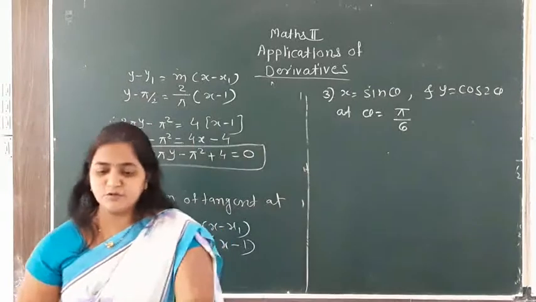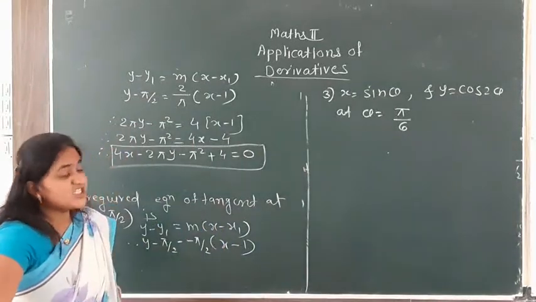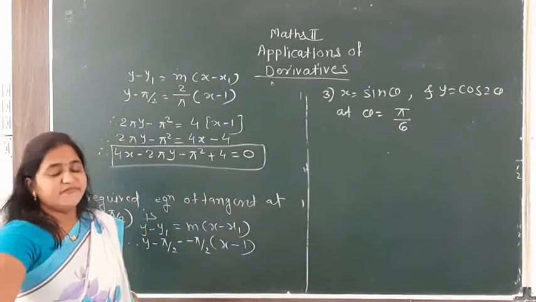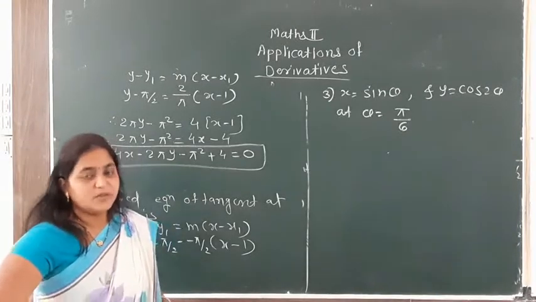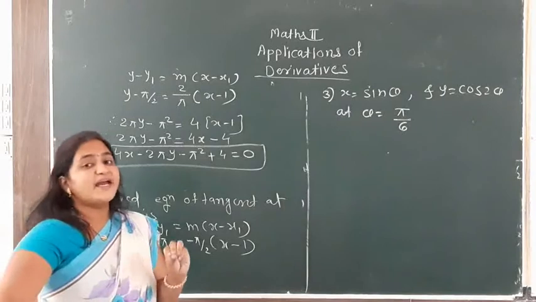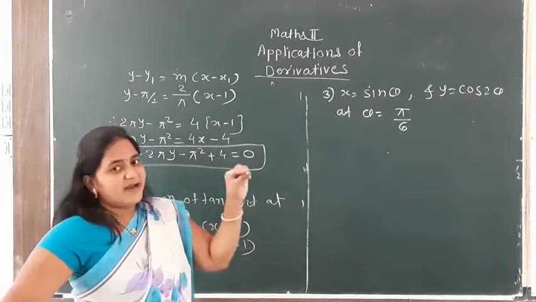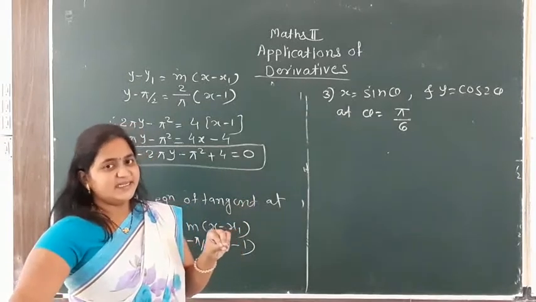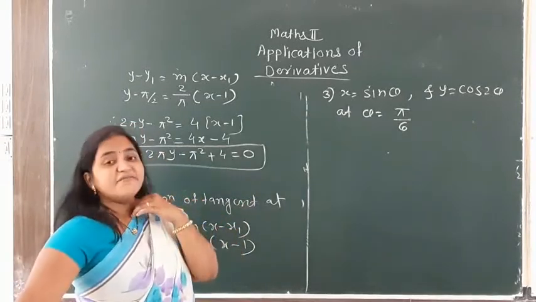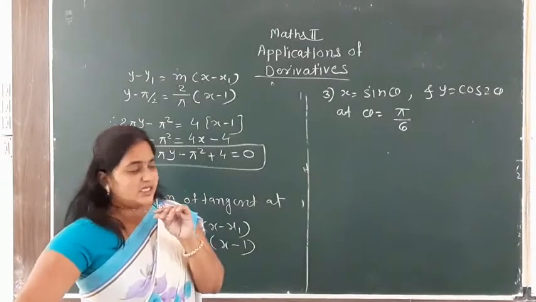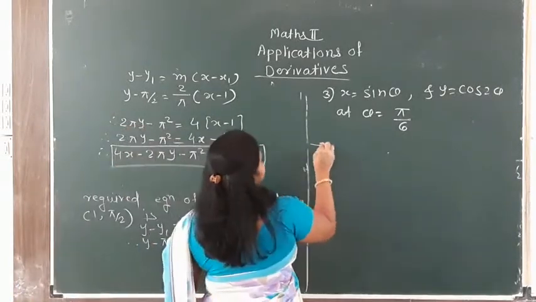So the given equation of the curve is in parametric form in terms of theta. So we can find dy by dx using the parametric formula, which is dy by d theta divided by dx by d theta. Before we start, we find the point at which we find the slope and tangent.